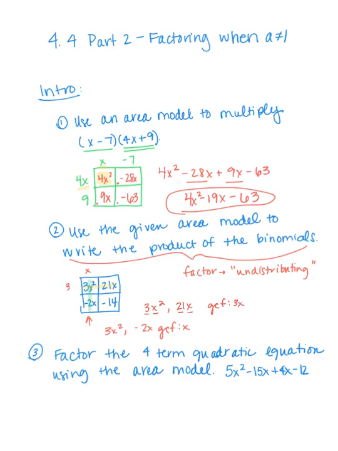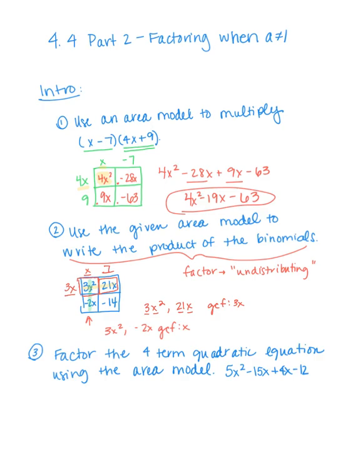So then we put a 3x here. And then we're going to check this box, right? Is 3x squared the product of 3x and x? And it is, okay? So then it's kind of a puzzle that you're working backwards for. So then we want to know 3x times what is going to give us this 21x. Okay, so 3x times 7 is 21x, right?